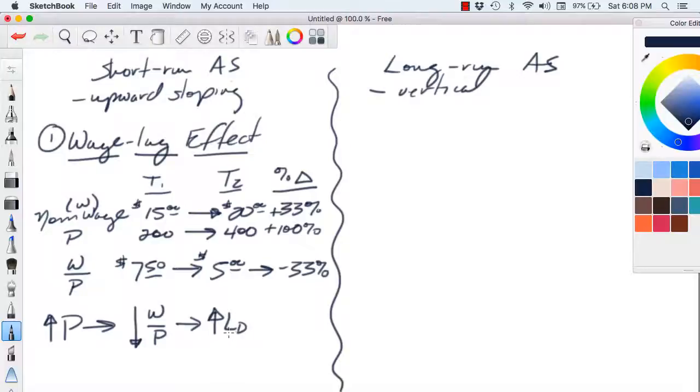L stands for labor, D stands for demanded. So companies will demand, remember companies are the employers of labor in this case. So if higher prices cause a wage lag effect and real wages fall, well, workers are going to seem cheaper to employers, and that will lead to greater employment of these workers, and that will drive real GDP supplied up.